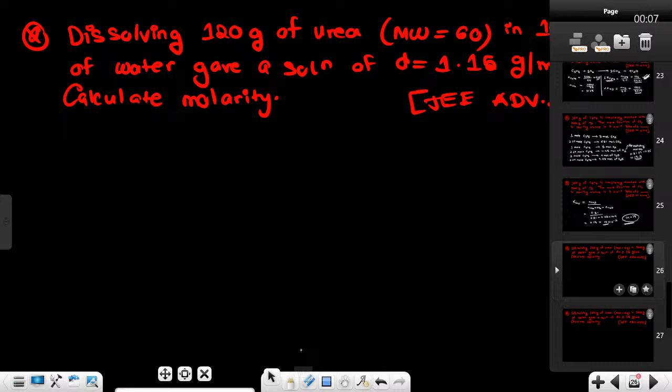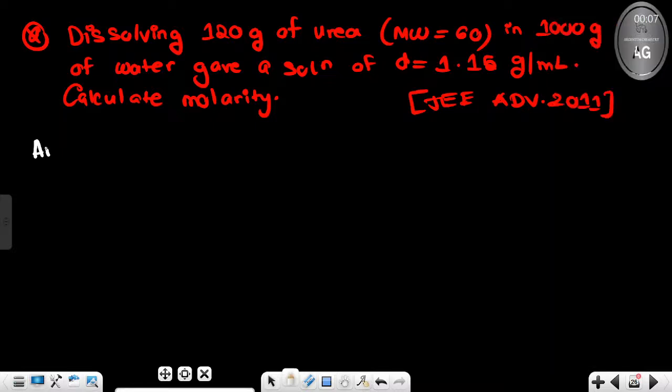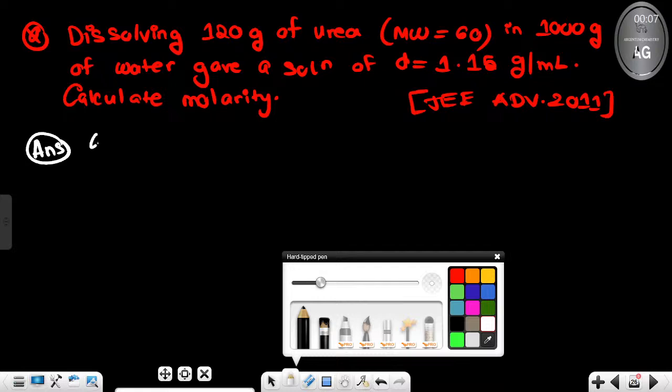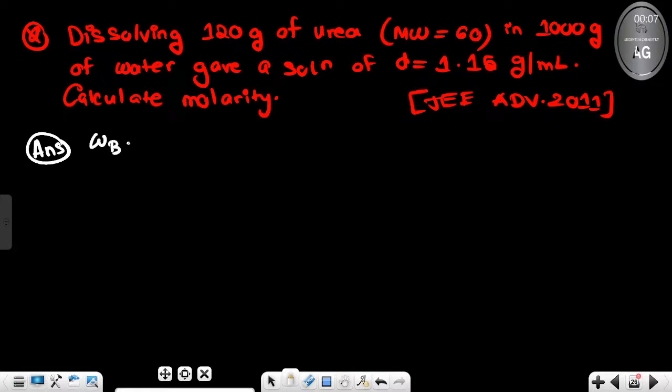First, you have to identify those values. So let us read the question once again. 120 gram of urea. So I have got the weight of urea as 120 gram. Next, the molecular weight of urea is also given in the question. So that is Mb equal to 60 gram.